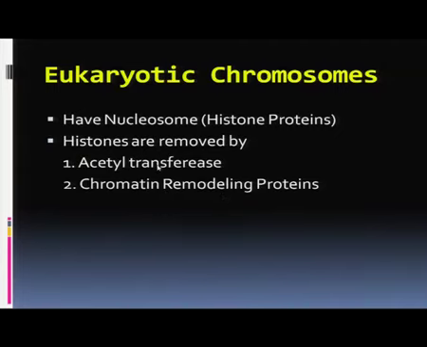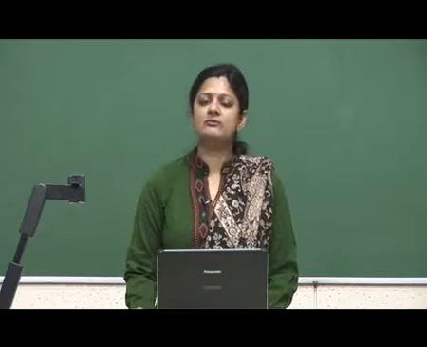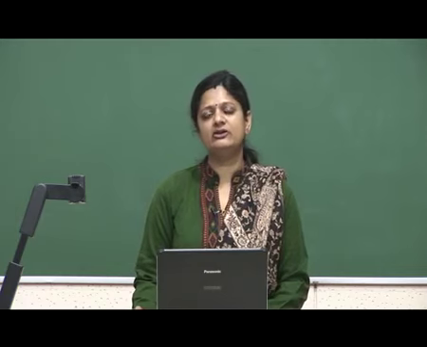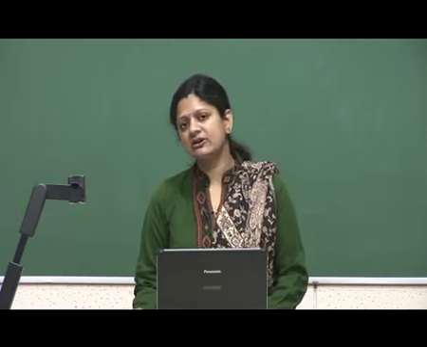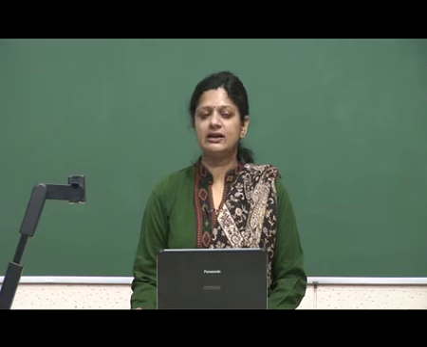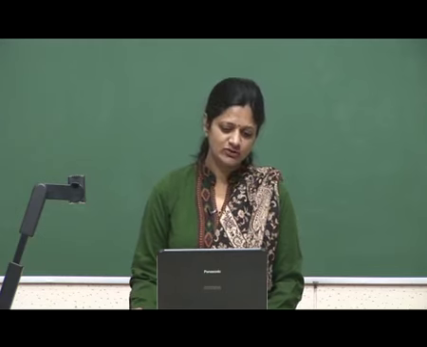The acetyltransferase enzyme adds acetyl groups on the histone octamers and destabilizes them so that the histones will be removed from the DNA and the DNA can be transcribed. The chromatin remodeling proteins also destabilize the histone octamers, and with their help the histones are removed from the DNA and the DNA is transcribed. After transcription, the DNA again wraps itself on the histone octamers.